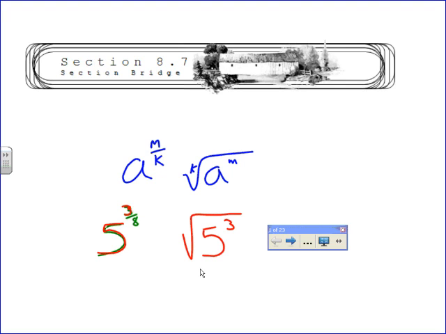And then this denominator is going to become the root down here. And they can be converted back and forth one way to the other like this. The one on the left is called the exponential form, and the one on the right is called the radical form. So we're going to be swapping from one to the other and vice versa. All right?